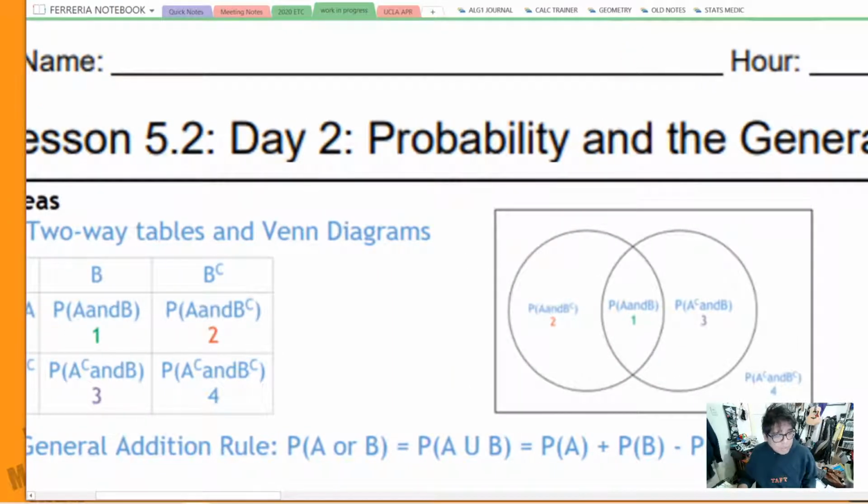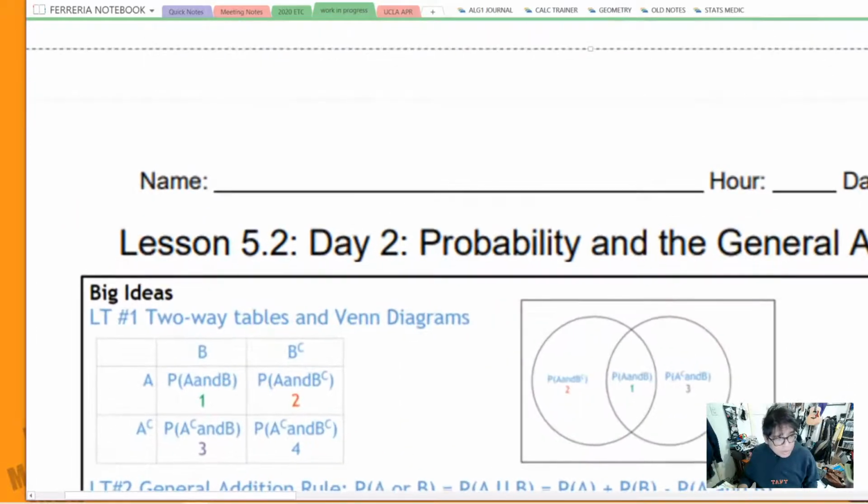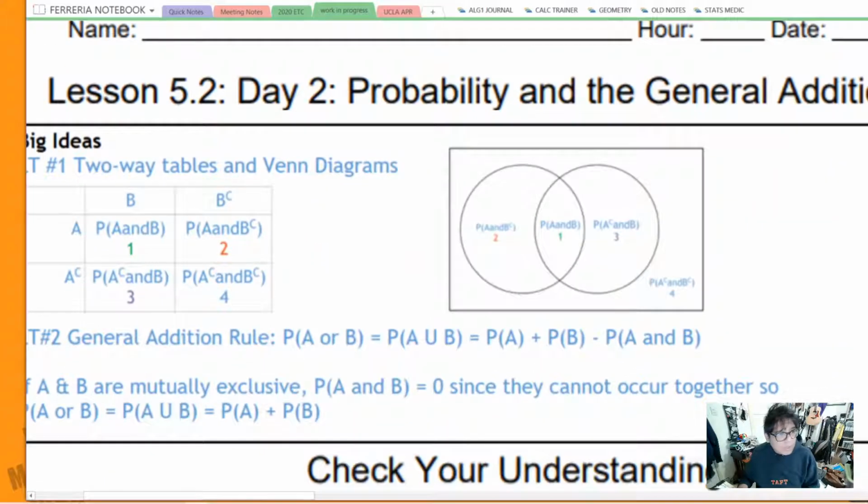Now, what you will notice is I've correlated those areas in the circles with parts from the two-way table. So if we have two different events, A and B, there's B and here's A. The probability of A and B is always going to be this one right here.